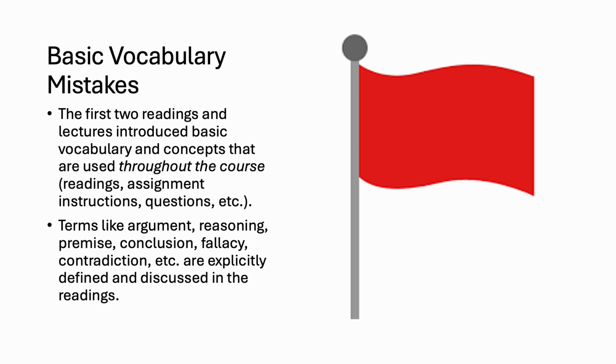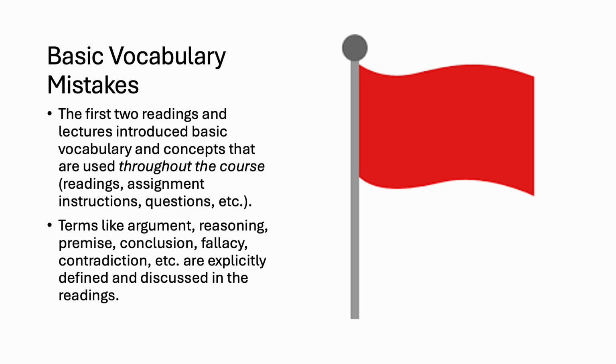In the first two readings, those terms are discussed explicitly, defined explicitly, and referenced throughout. One AI check on the first two readings that I often use said that the term argument was used 89 times, including in the citations. So it's probably less in the actual text than that, but you get the point that that's a term that's used throughout the readings, right?